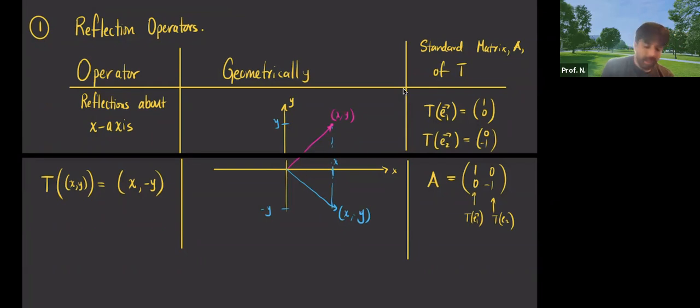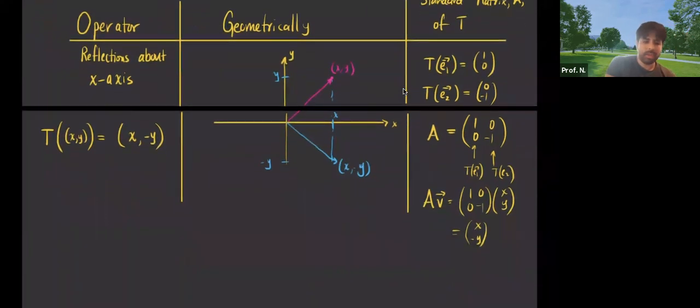It should, because if you take any vector V, and apply 1, 0, 0, -1 to this vector V, which I'll call (x, y), what do I get as a result? Don't I get what I'm supposed to get? I'm supposed to get (x, -y). Geometrically, when you reflect (x, y) across the x-axis, you get (x, -y).